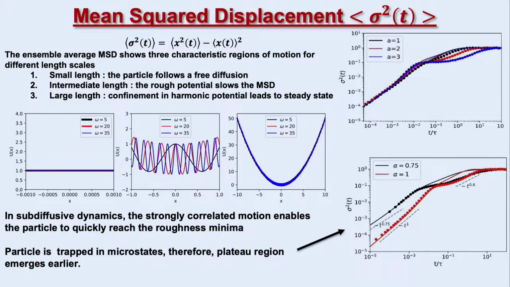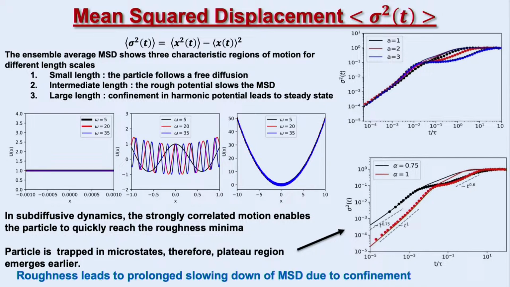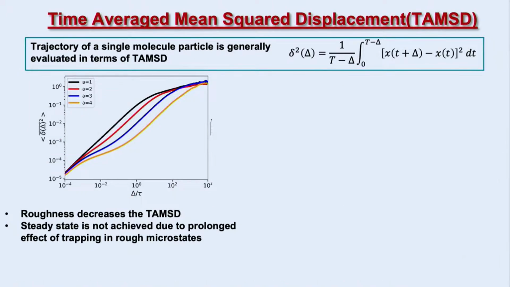We looked into another quantity, the time average mean square displacement, which is very important in the context of single particle tracking, where we can look into the trajectory of a single molecule evaluated in terms of TMSD. These are simulation studies using the continuous time random walk model.